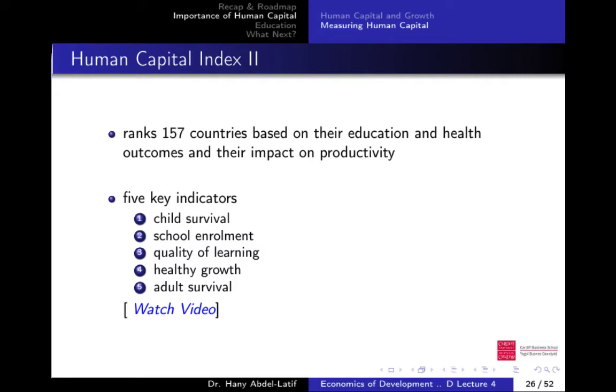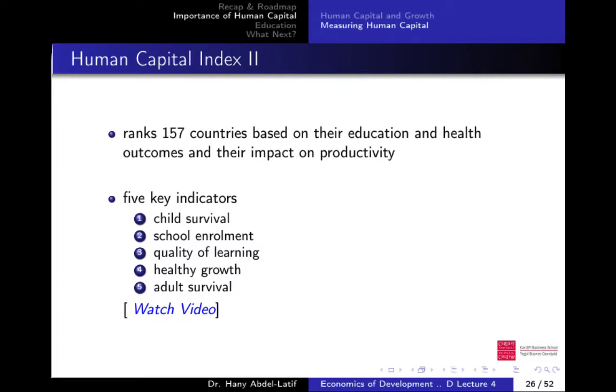There are 5 indicators they use to build this index. They look at these 5 indicators and use them to construct one index that varies from 0 to 1. Of course, as you move toward 1, that means better human capital.